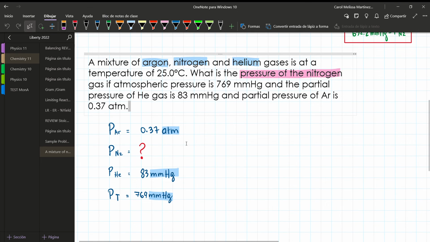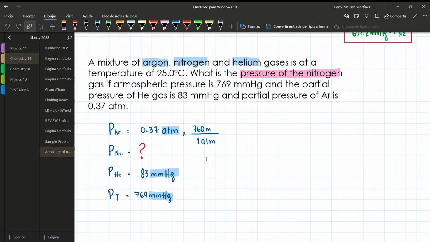If I have atmospheres, I cannot add atmospheres with millimeters of mercury. So from atm to millimeters of mercury: in 1 atm, I have how many millimeters of mercury? 760 millimeters of mercury.